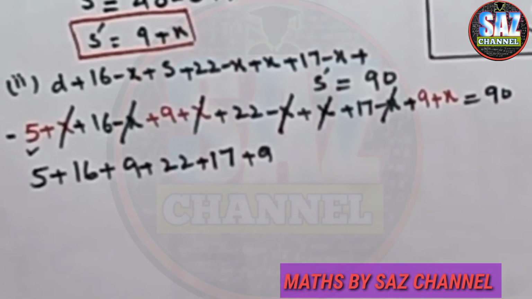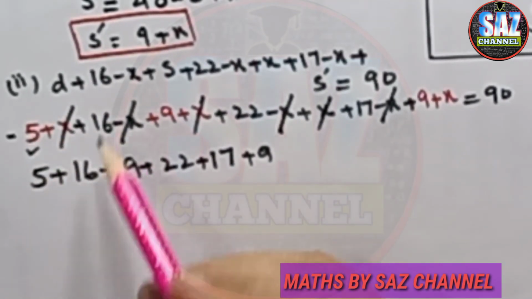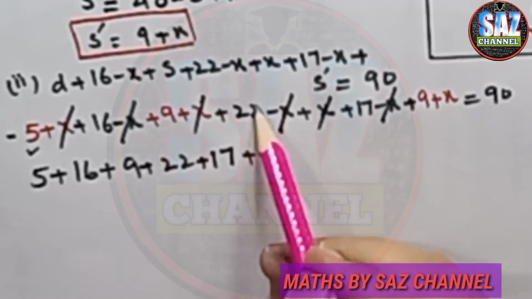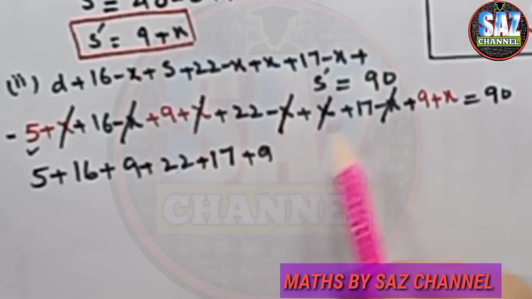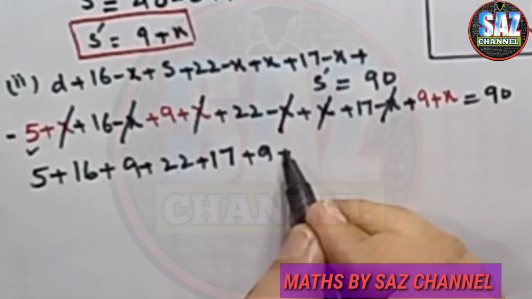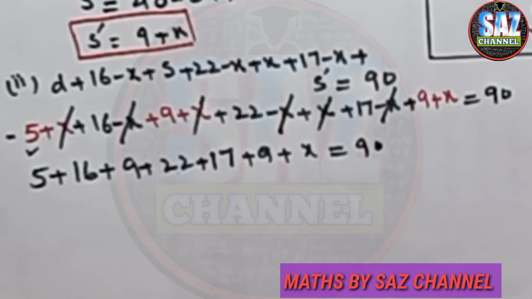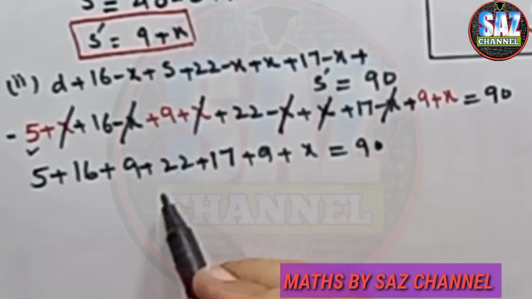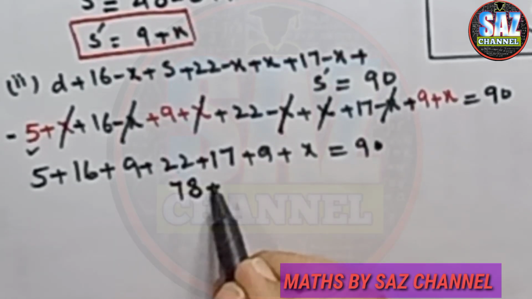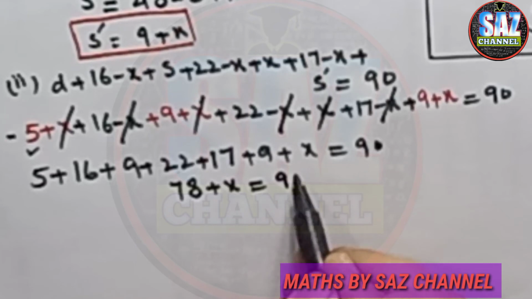Let me recheck the data: 5 plus 16 plus 9 plus 22 plus 17 plus 9 and plus x equal to 90. Add up these numbers carefully. 5 plus 16 plus 9 plus 22 plus 17 plus 9 gives me 78 plus x equals 90.